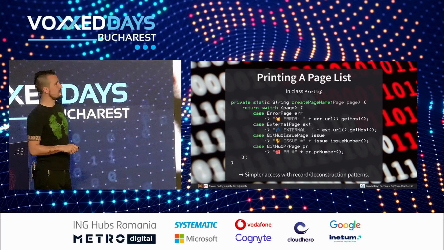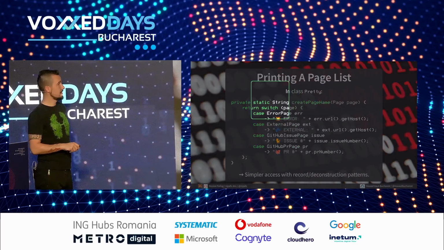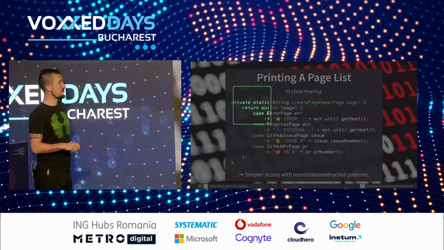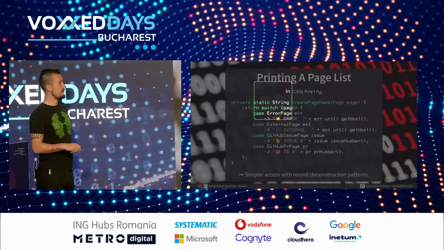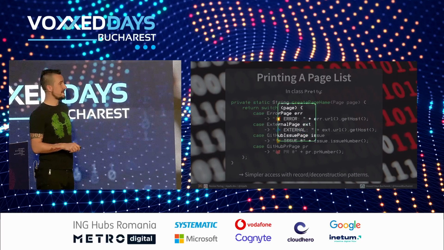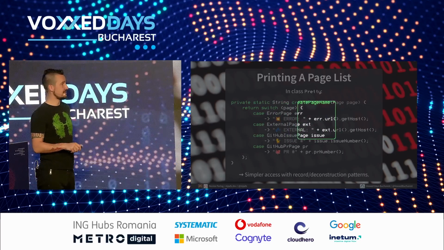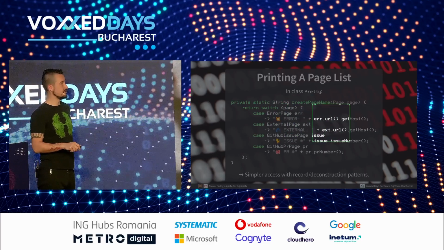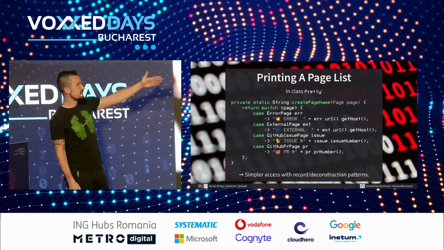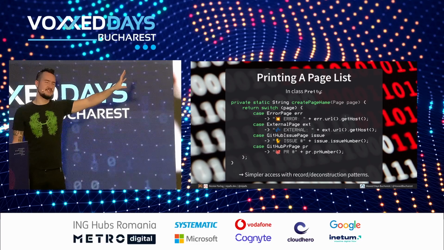So what we're doing is we're saying, okay, return, coming back to Sander's talk from this morning, start with a return. We're returning the result of the switch, and if it's an error page, then the result is this fun little emoji, the text error, and then I get the error variable that I just declared here, and access the URL and get the host. And for the external page, I do the same thing. And the URL was already available on the page interface, if you remember.